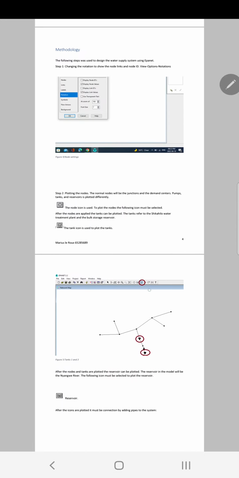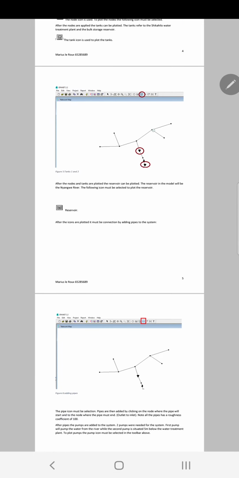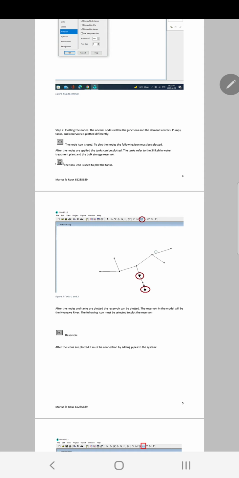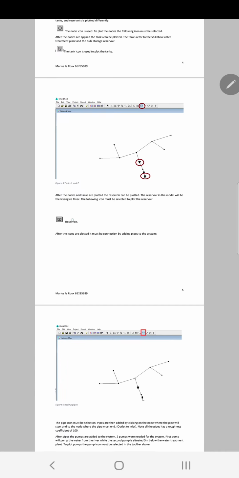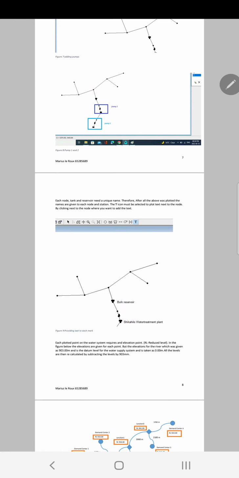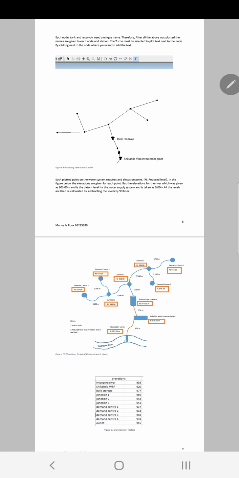First the nodes were created, which were your junctions and your demand centers. Then the tanks were applied, where you have 2 tanks, which are your water treatment plant and your bulk storage. After that, the reservoir, which is the Nanguingwa River, situated at the bottom as your source.